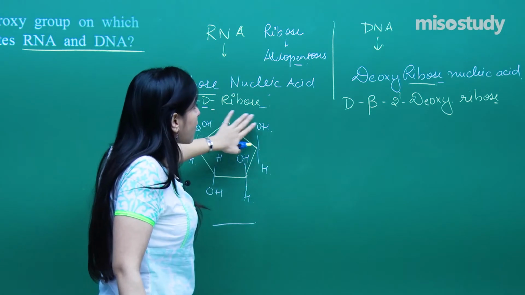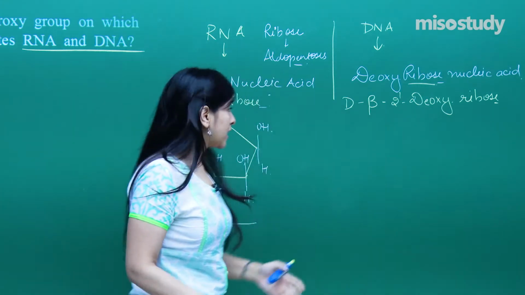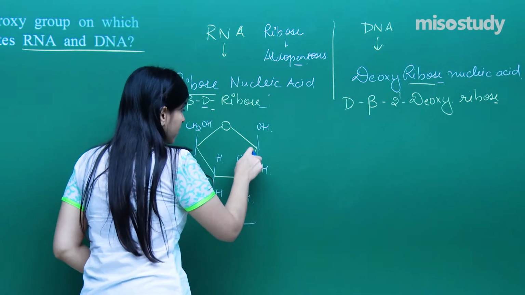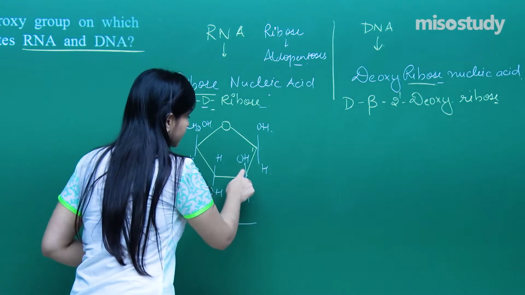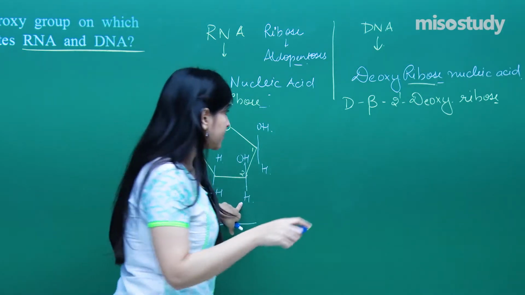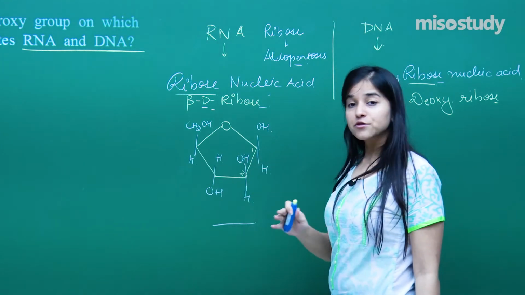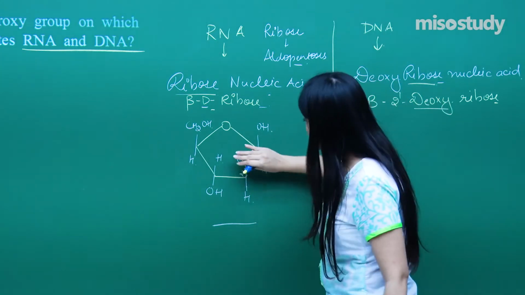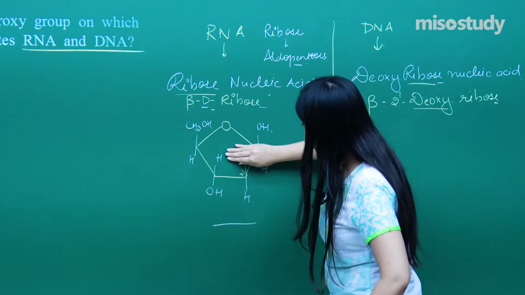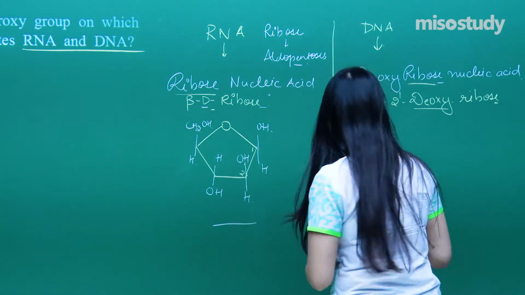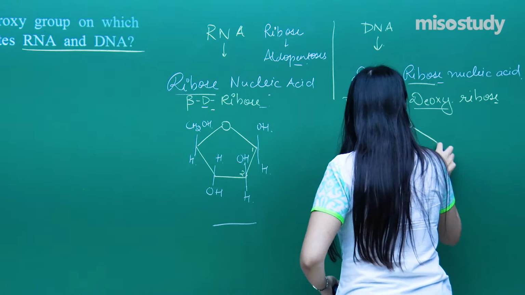And in order to have beta 2 dash, that means what? First, second. So that would be the second carbon atom. So here on the second carbon atom, I need to replace this OH. That means I need to have a deoxy part. I am deoxidizing it. That means removing this OH part. So that is what here it needs to be.